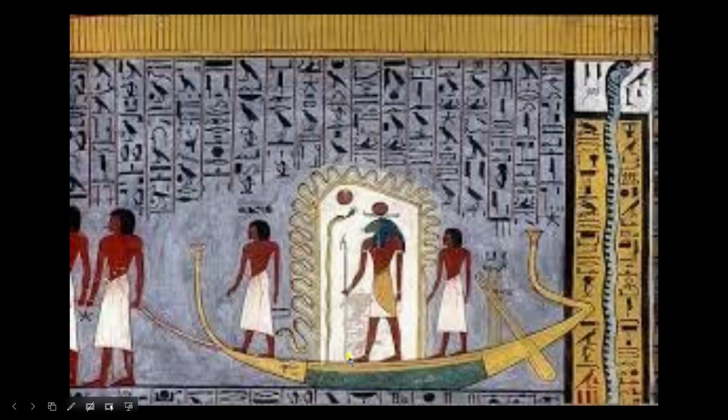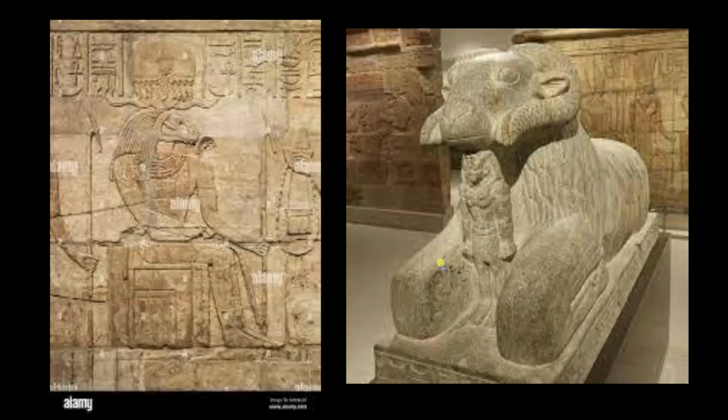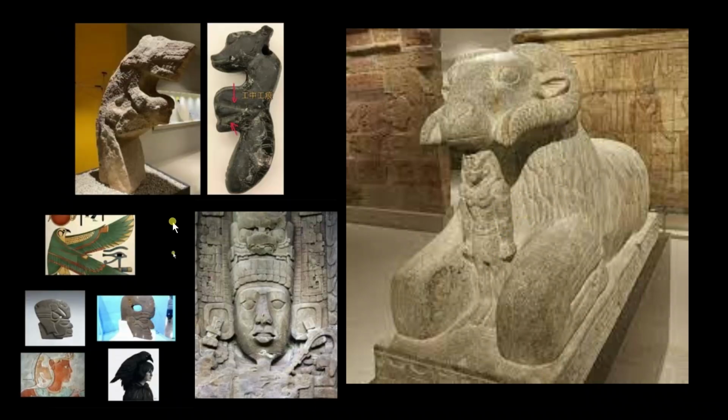So Khnum enters through the door in the underworld. He pays the boatman to start traversing the underworld, just like Enki. Here we can see Khnum with the horns and the Atef sat on the throne of Osiris, and here we can see the ram, the goat, behind the pharaoh guiding him, just like all the other stuff we see, like the dogman at Karahan Tepe, the Olmec heads, like drawn on the Egyptian depictions.